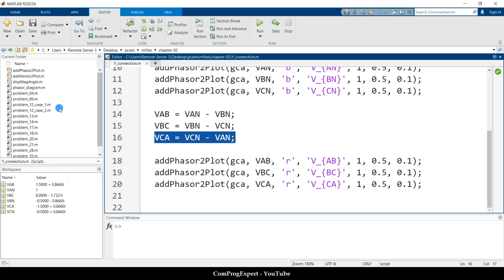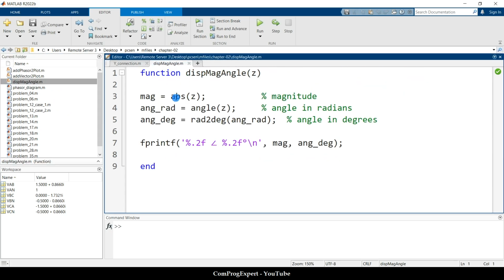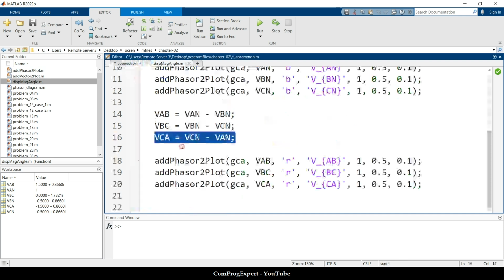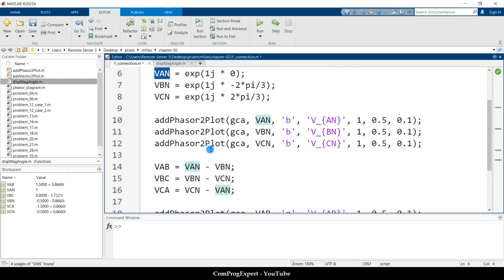Also here I wrote a function just to display the magnitude and angle of a complex number. This M file is in the same current folder, so let's use it. Display the magnitude and angle of the VAB and VAN.